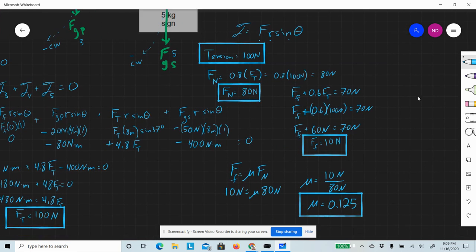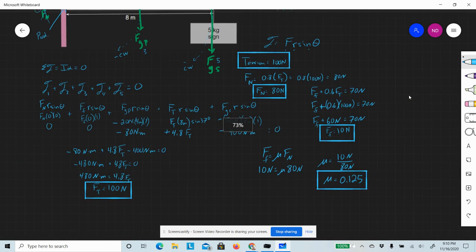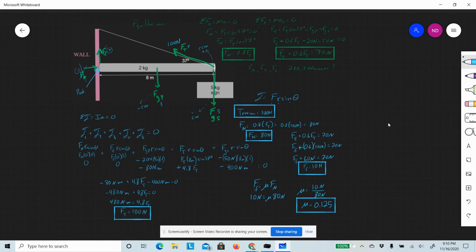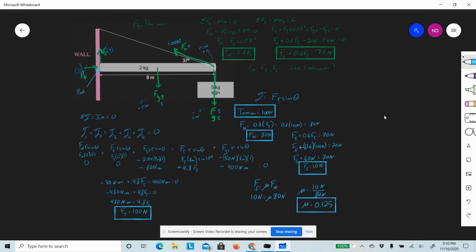Very much like what we did a while back. There's a lot going on here. You can't solve this problem if you didn't pay attention back at the end of September. You're out of luck.